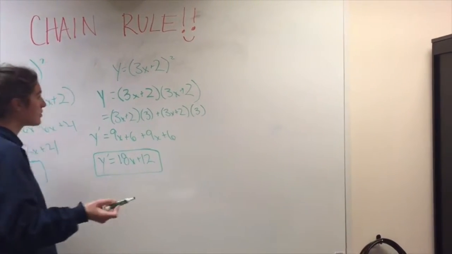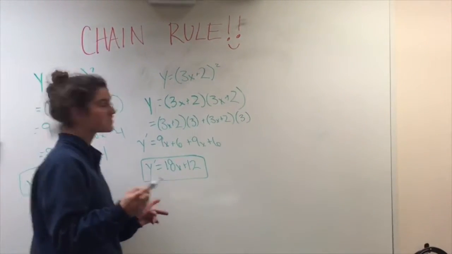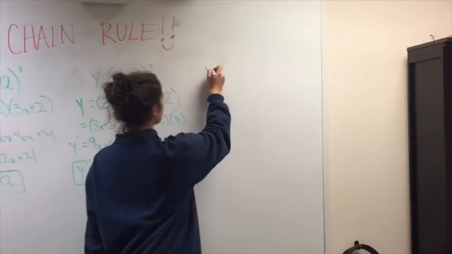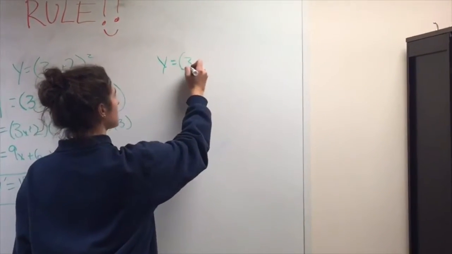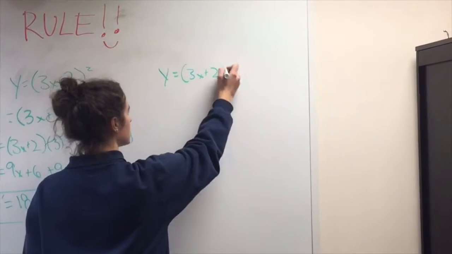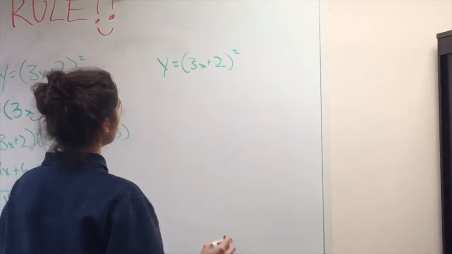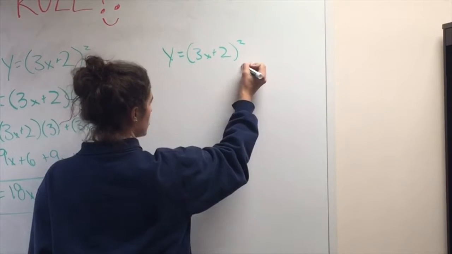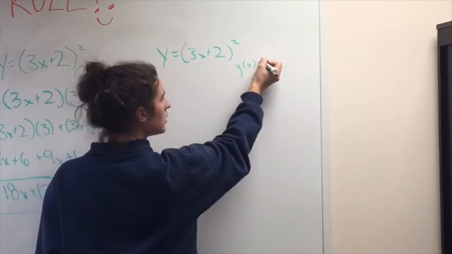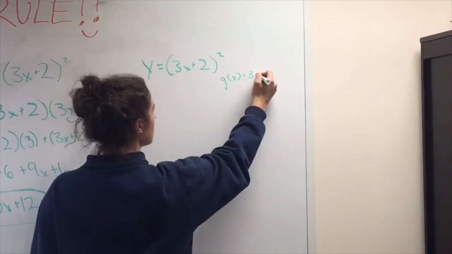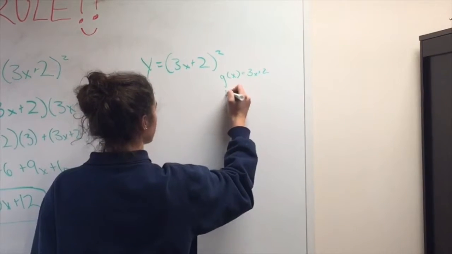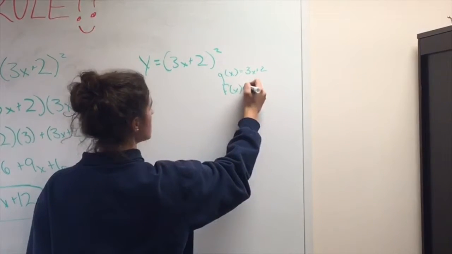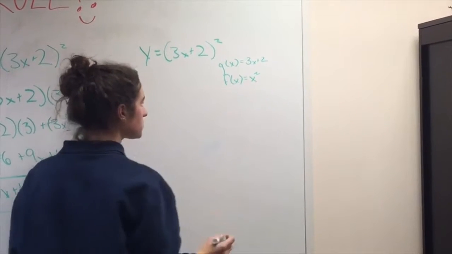So the final way to find the derivative of this function is by using the chain rule. So if we have y equals (3x+2) squared, we know that the inner function, g of x, is 3x plus 2. And we know that the outer function, we'll call that f of x, is x squared.